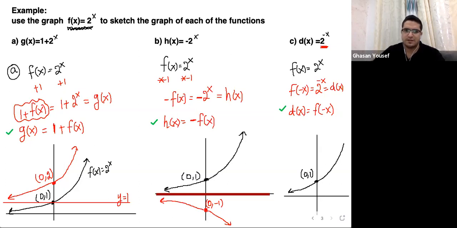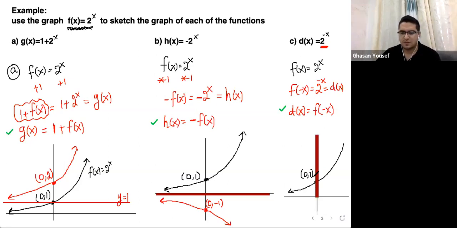Now my mirror is the y-axis. Here is my y-axis. So I have to reflect all the points around it. My original point is 0, 1. What's the new position for the point 0, 1?